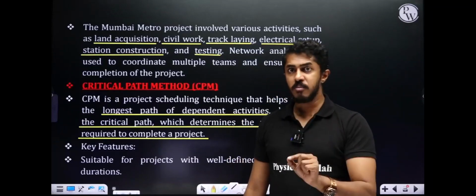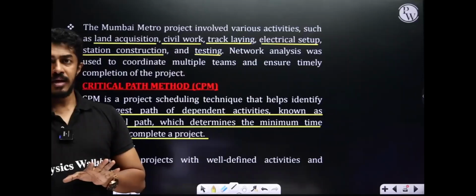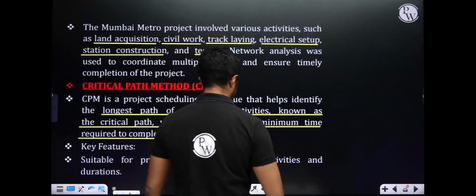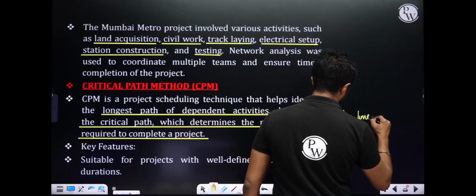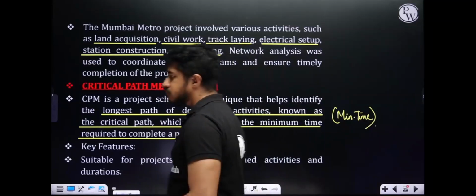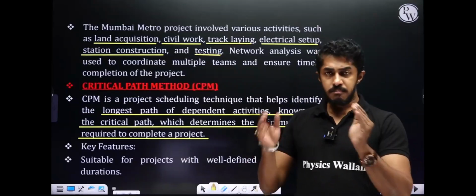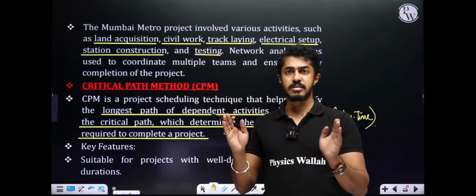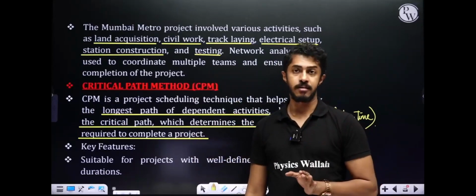But in that, again, you must understand, when we talk about a critical path here, the main focus is what? Minimum time. Minimum time, bringing in the right number of players here to ensure that the work goes smoothly.